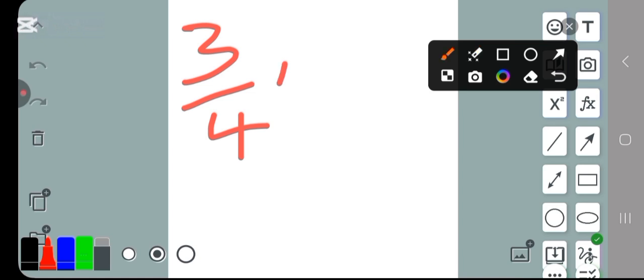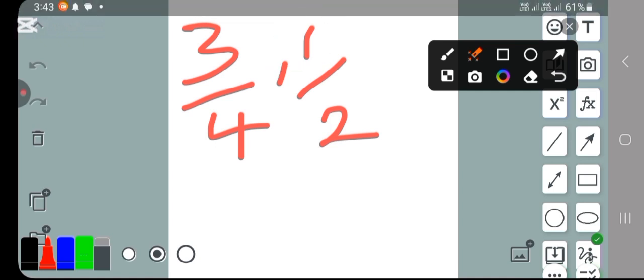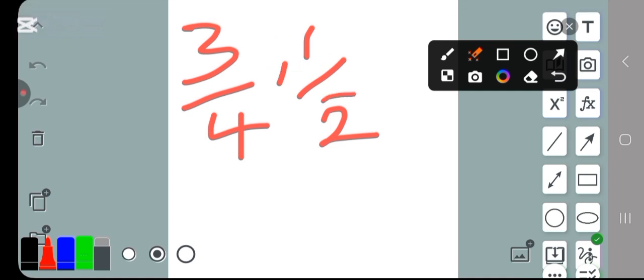Another example is 1/2. 1 is the numerator, smaller than the denominator, 2.